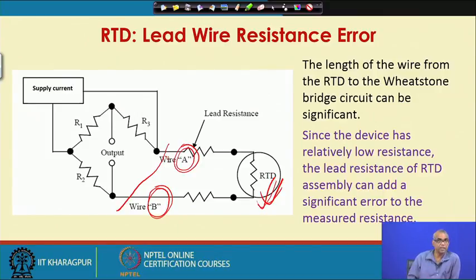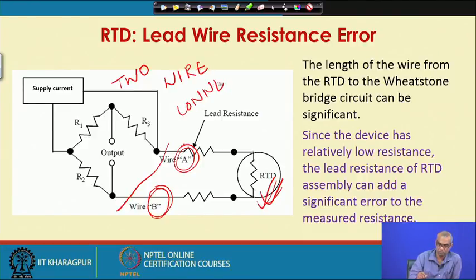What is shown here is known as two-wire connection. The RTD element is connected to one arm of the Wheatstone bridge using two extension leads or two wires. So, this is known as two-wire connection.